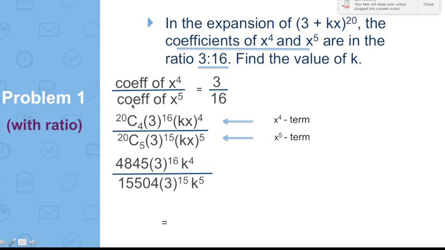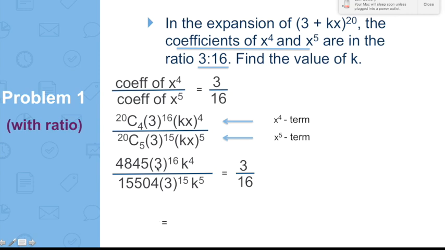And likewise, for the coefficient of x^5, combination of 20 taken 5 is 15,504 times 3 to the power of 15, then k to the power of 5, without the x^5. And it says that this is equal to 3 over 16. The ratio is 3 is to 16.